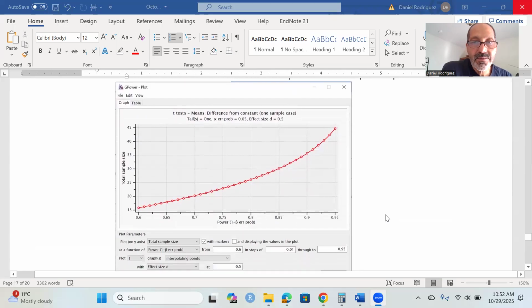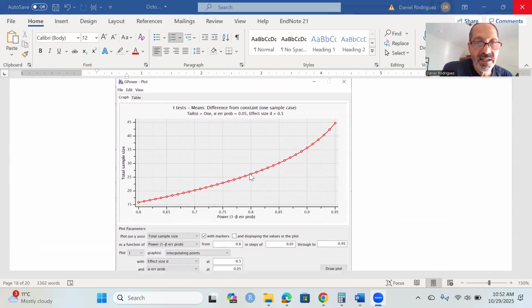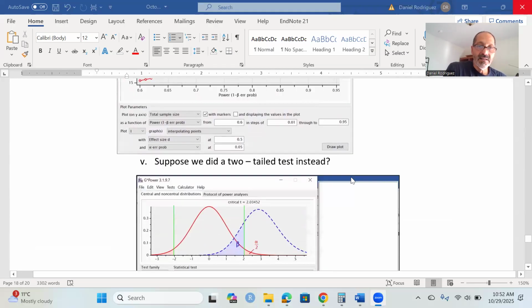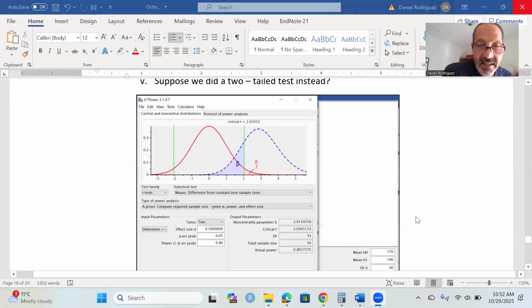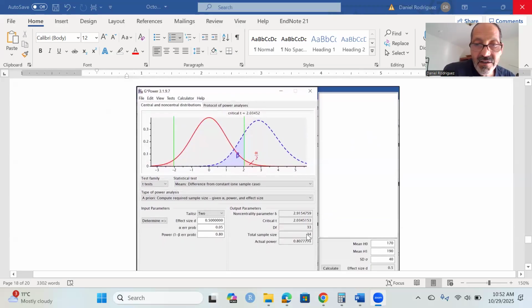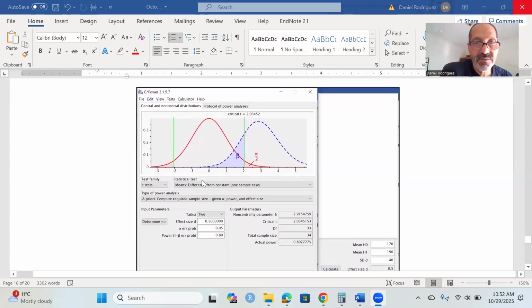You can also print out something like this that shows you what's the effect with different numbers of individuals. So we had power of 0.8, we had 27, that's right here. But what happens if I go to 35? See, my power increases, right? Pretty cool. If we did a two-tail test instead, I would need 34. So I lose some power by doing a two-tail test, right? Because I have to split my alpha.